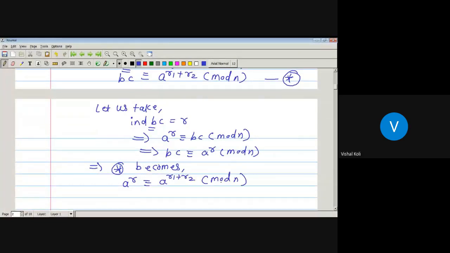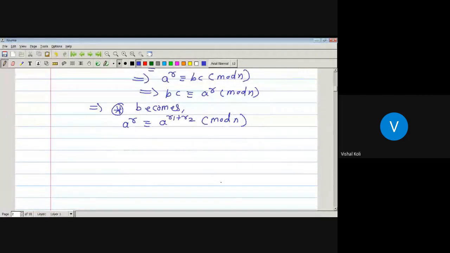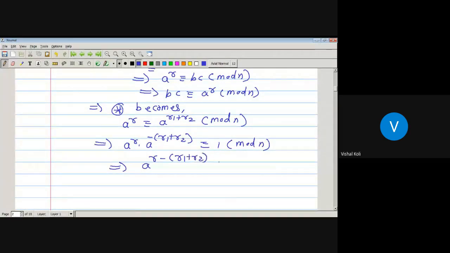Okay, now multiply both sides by a to the power minus of r1 plus r2. Then we get a to the power r into a to the power minus of r1 plus r2, which is congruent to a to the power r1 plus r2 minus of r1 plus r2, which is 0. A to the power 0 will be 1 modulo n. So we get a to the power r minus of r1 plus r2 is congruent to 1 modulo n.